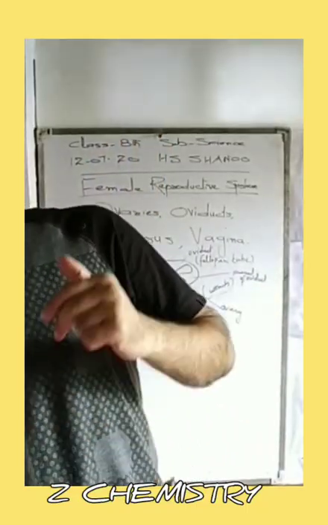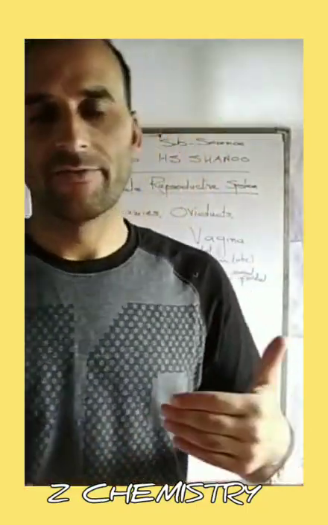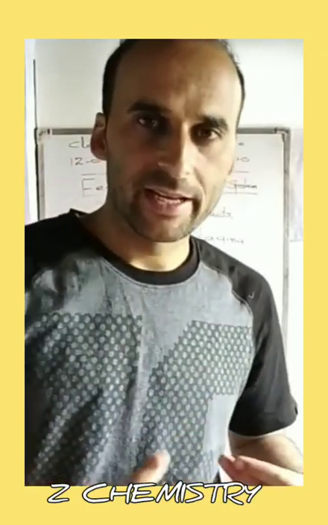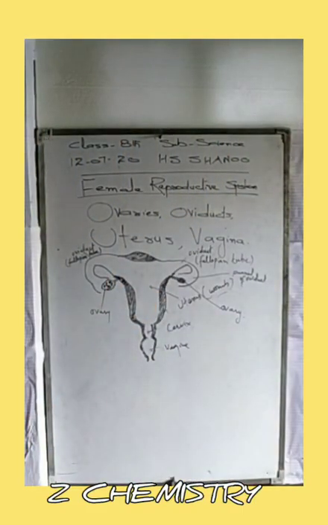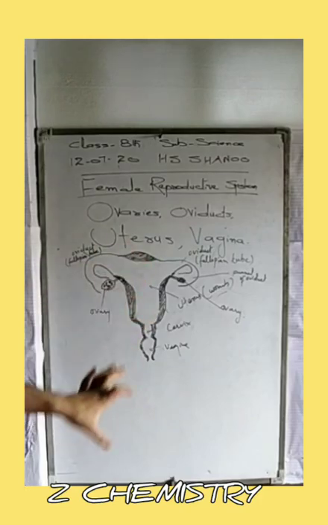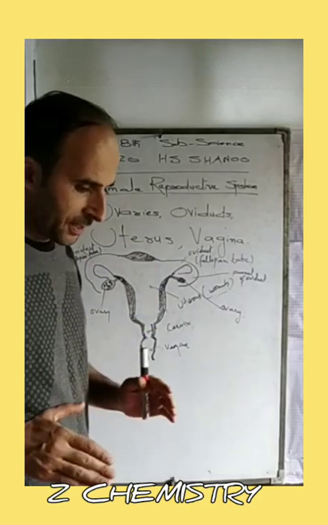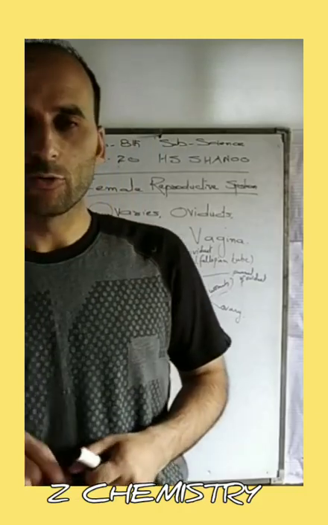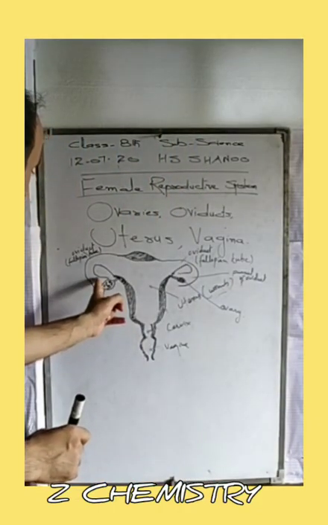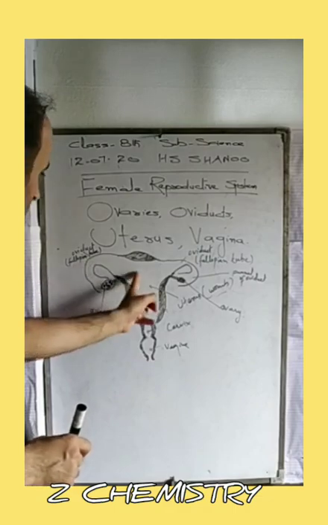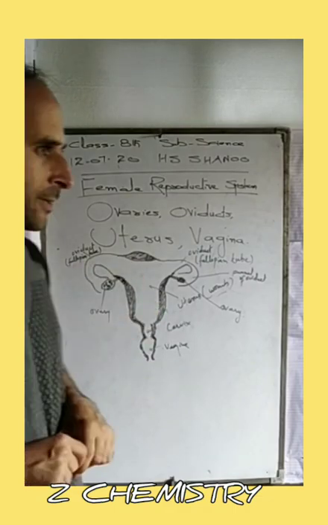When adolescent or mature age begins, females start producing eggs, and these eggs travel through the oviduct. Usually, when the egg goes through the oviduct, it comes into the uterus.